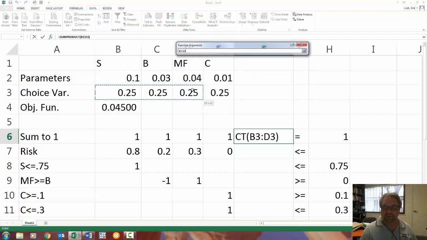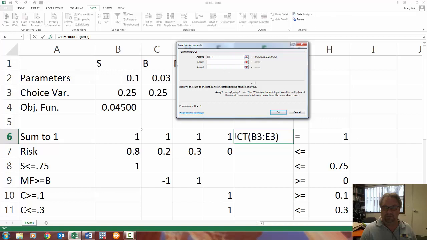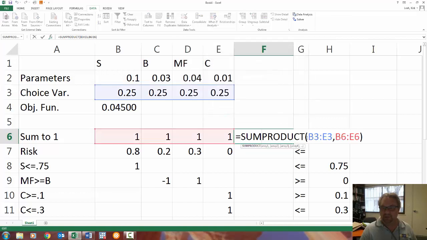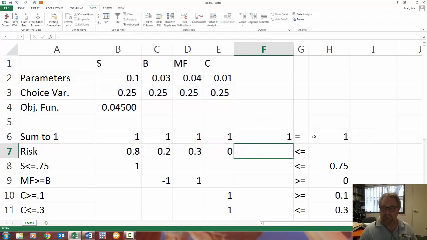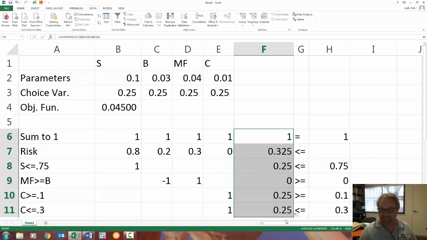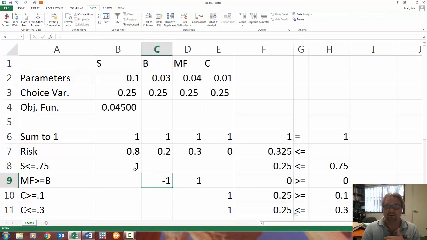Okay, so choice variables. Constraint parameters, hit OK, anchor, copy down. Okay, so basically, here is my problem, right? And hopefully this helps you understand why these are 1s.